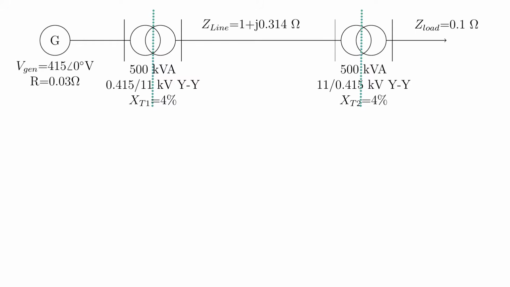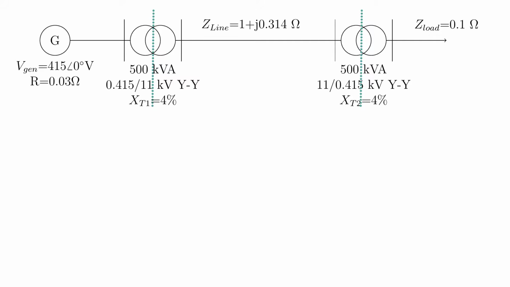Now, this is where we need to take a step back and think about how we can make our lives easier, because if we choose the same system base as the transformer nameplate, this means we don't need to use the conversion formula, and that 4% for both transformers will automatically translate to J0.04 in our equivalent per unit circuit.